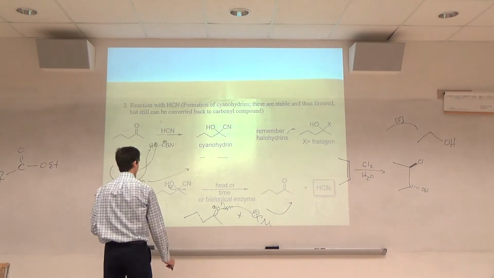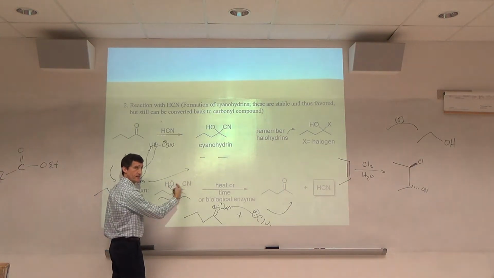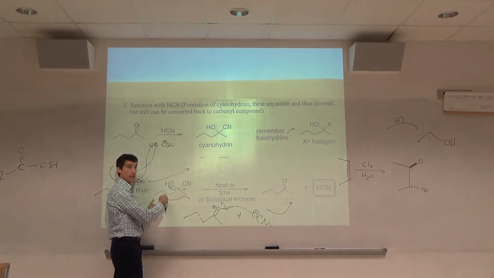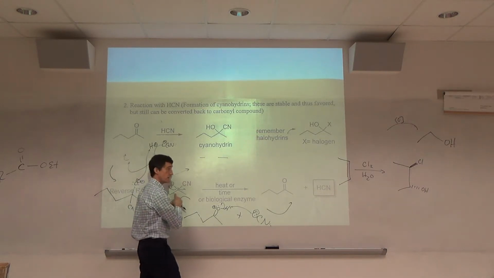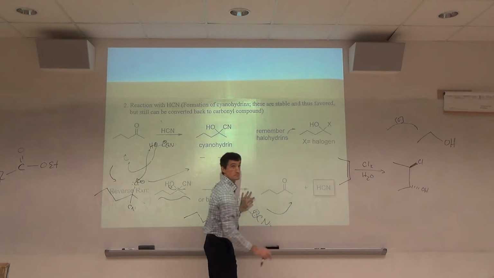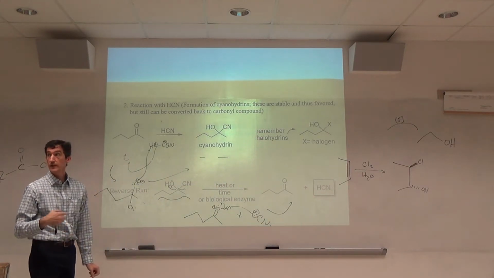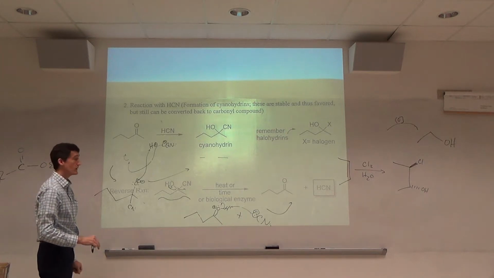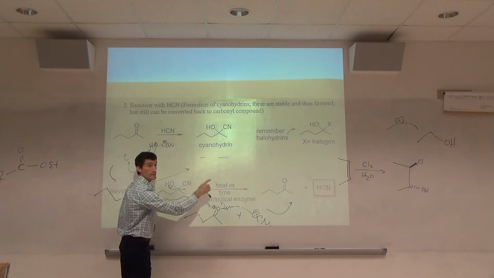Okay? So, what do you think about the toxicity of these? They potentially reverse if they get in your body. If it reverses, what's it going to liberate? It will liberate HCN. Okay? Cyanohydrins themselves can be toxic because they liberate HCN.